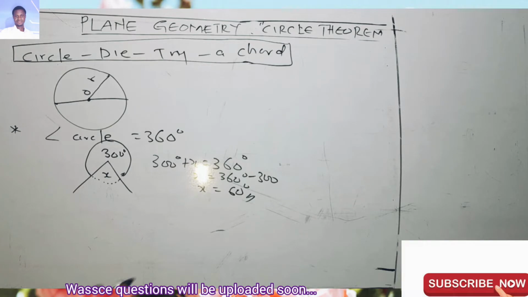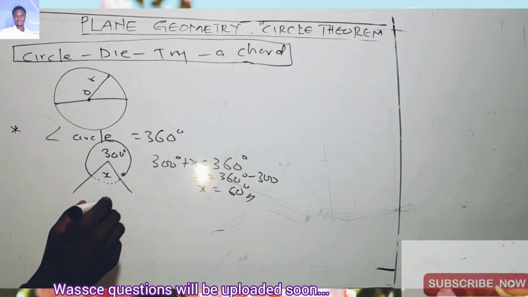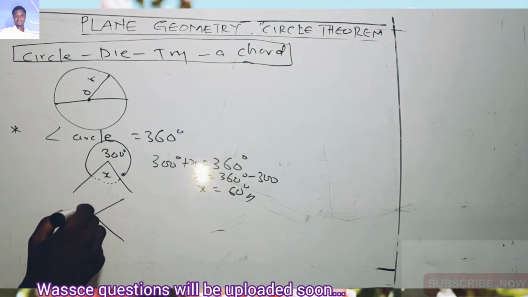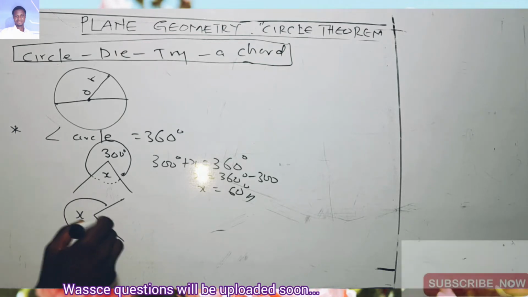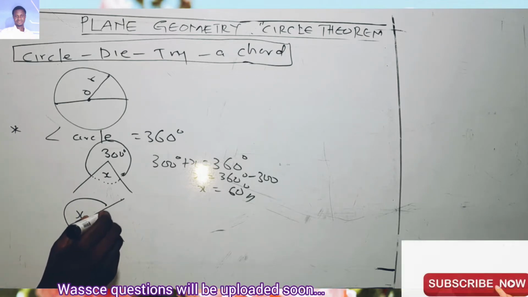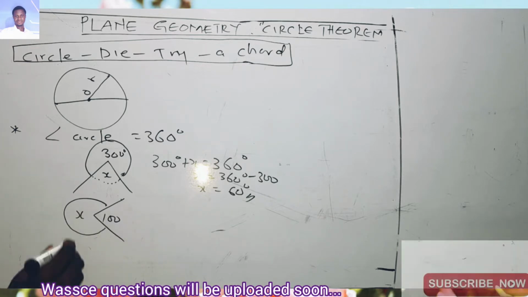Or they can still give you an example where we have an angle here, and then x, and you are asked to find x. What do you do in this scenario? They've given this particular angle to be maybe 100. How do you find x?